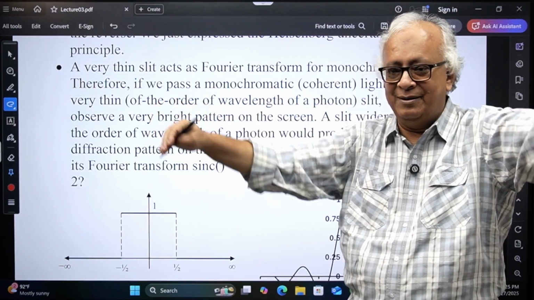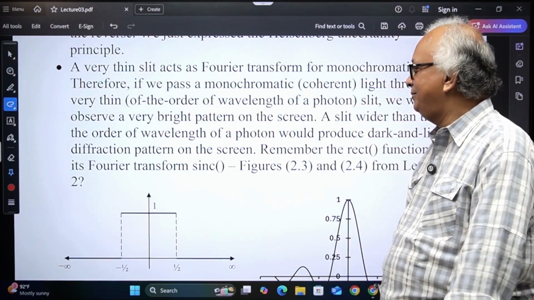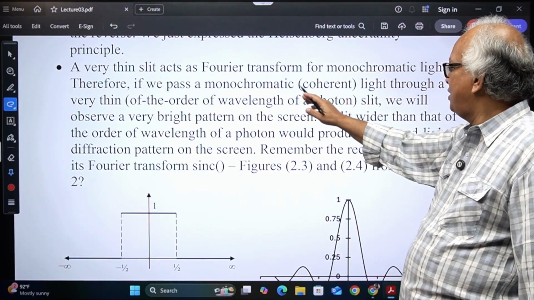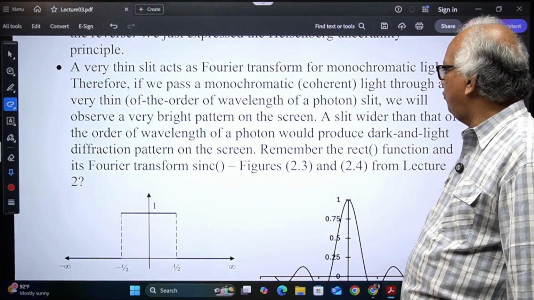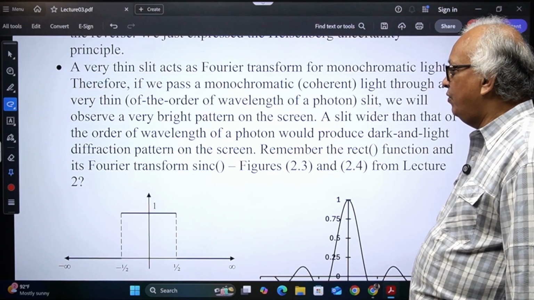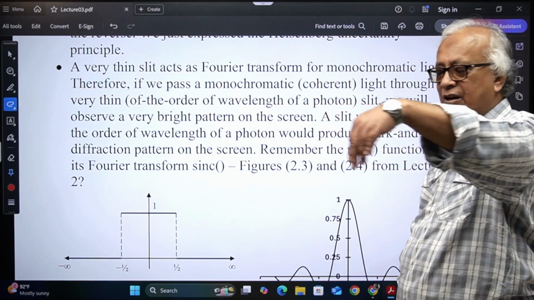Isn't it? Magic. Therefore, if we pass monochromatic, coherent light through a very thin slit, of the order of the wavelength of the photon, we will observe a very bright pattern on the screen.